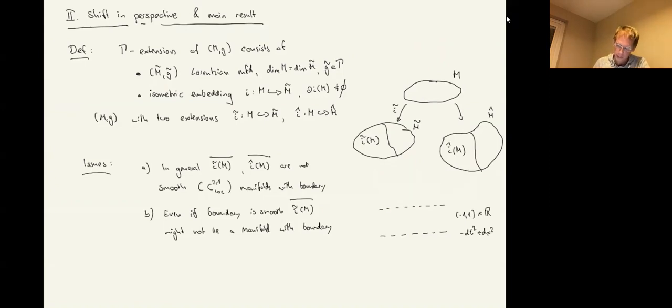And then, of course, you can have one extension where you extend it just to all of Minkowski spacetime, but you can also have one extension where you identify this boundary with this boundary so that you get a cylinder, right? S1 cross R. And so then in this extension, the original spacetime lies to either side of the boundary. So this would not be a manifold with boundary. But this is more like a technical point.